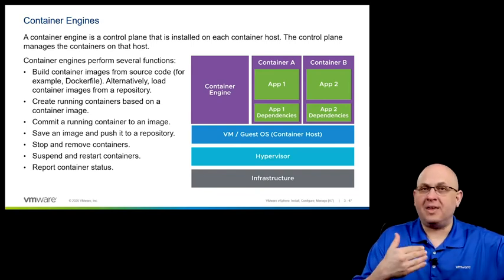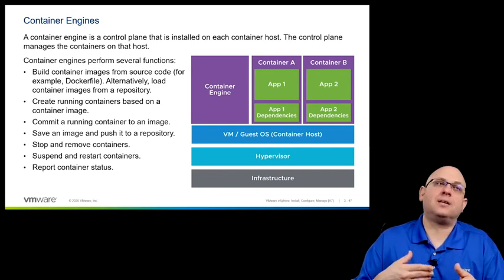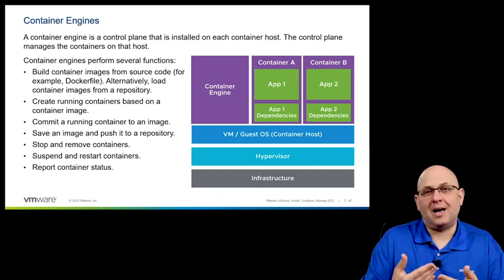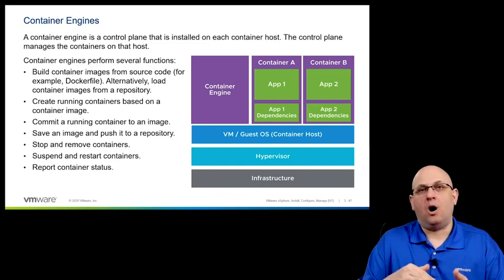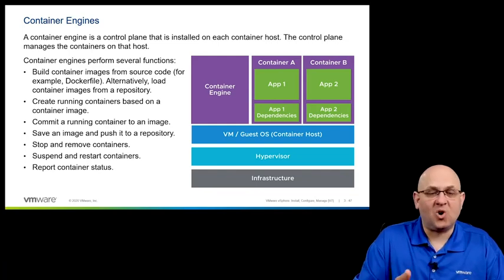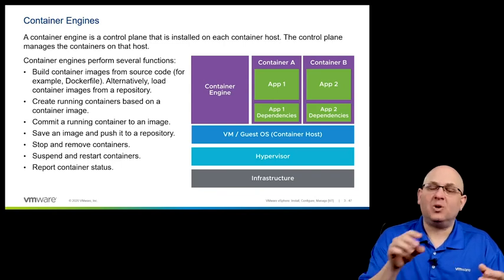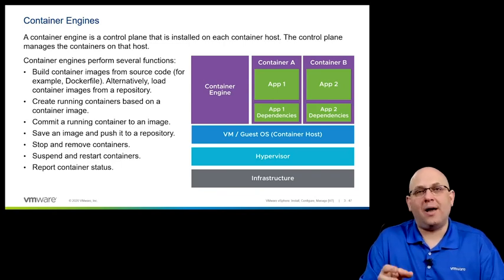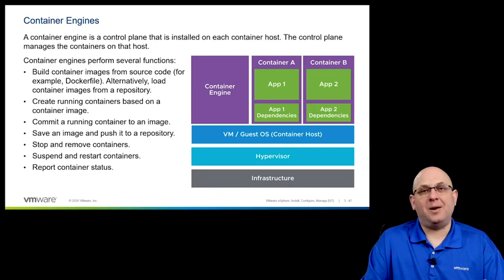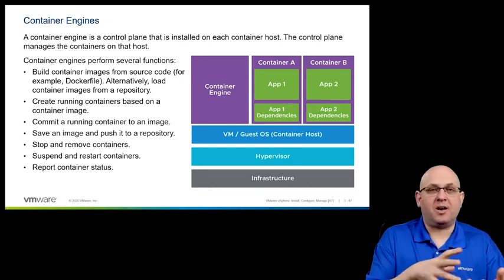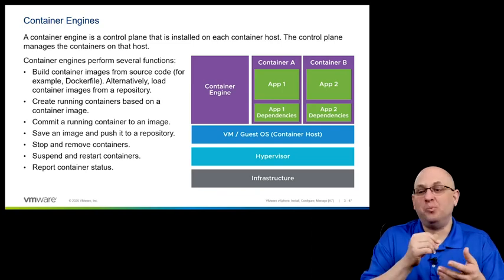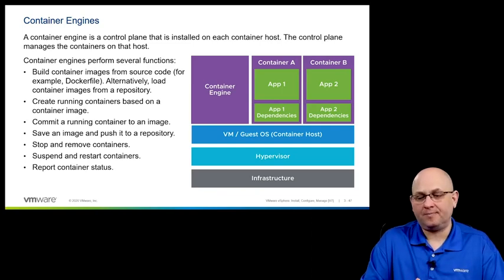Maybe I'll start with an empty container and I'll install a Java runtime library, or I will install a web server into that container, and then I'm going to copy a bunch of files. So it'll contain all of those commands that are required to then build that container. So I use that along with a command like docker build to build the container itself.